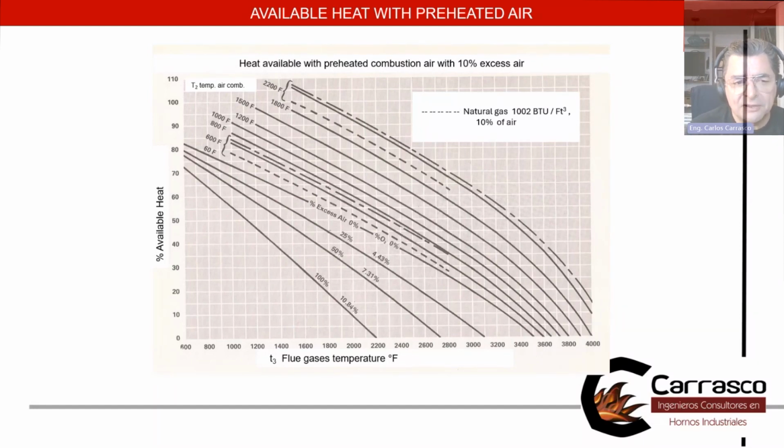So the burner manufacturers decided that we can preheat the combustion air, then I will be more efficient and make better use of my energy inside the furnace. If the flue gases are here, and this is the percentage of available heat, the more I preheat the air, the more efficient my process becomes.